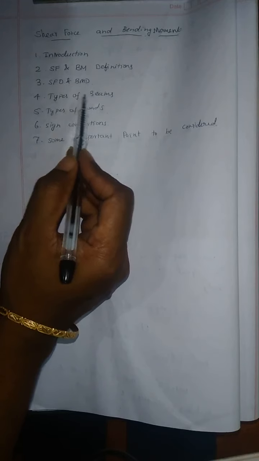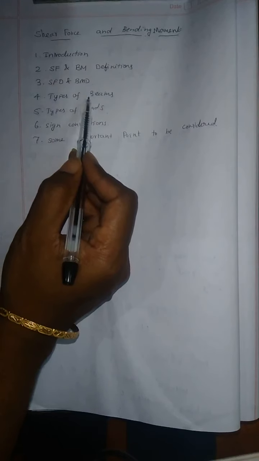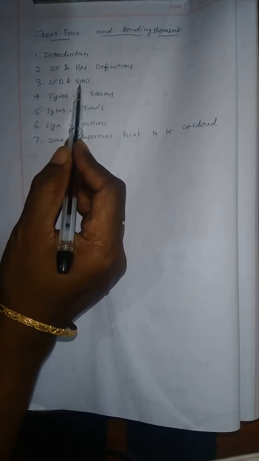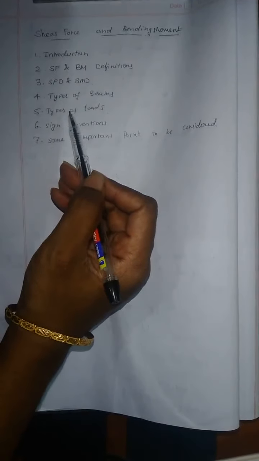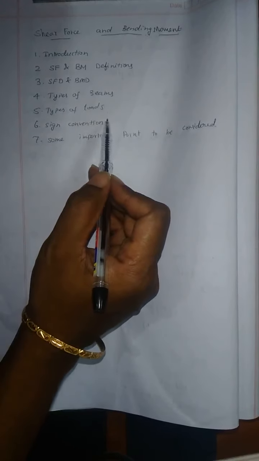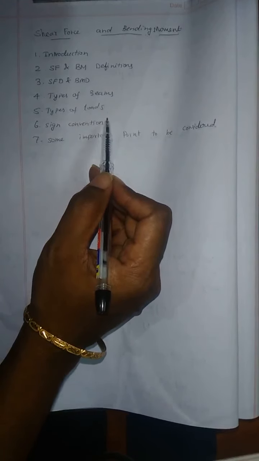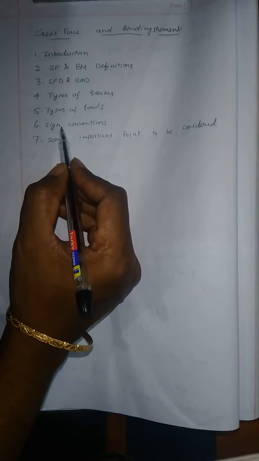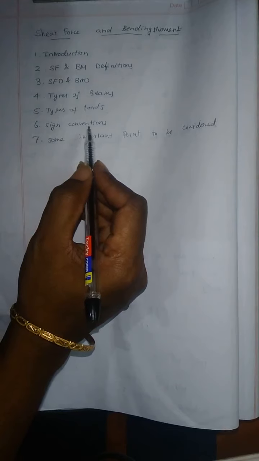And then the types of beams, which are very important to draw the shear force diagram and bending moment diagram. And then the types of loads that we are going to see about. And the most important topic, which is the sign conventions.